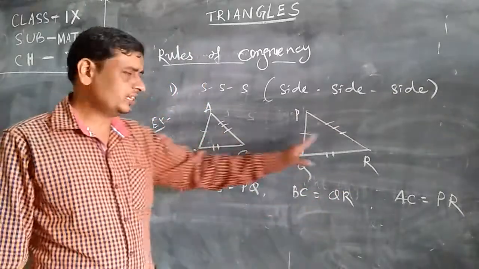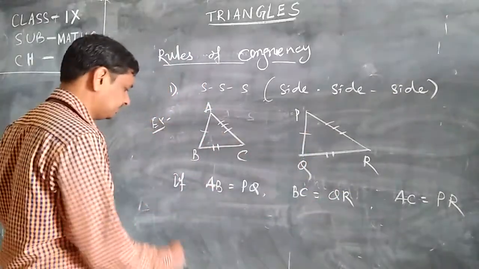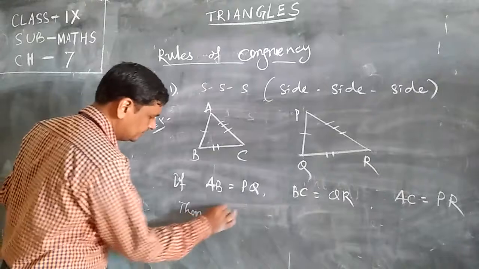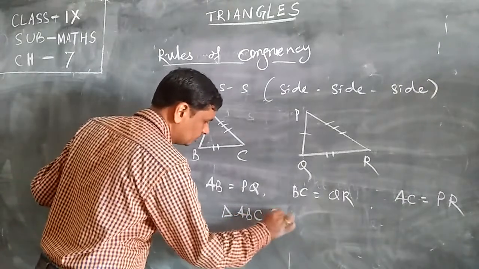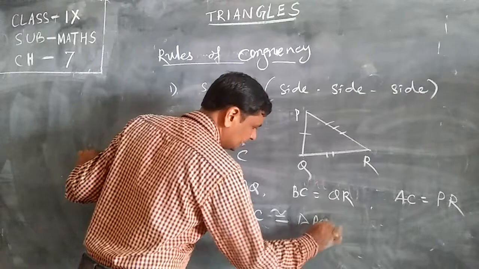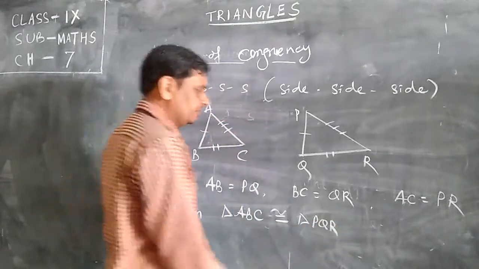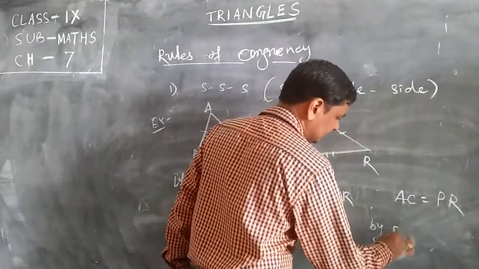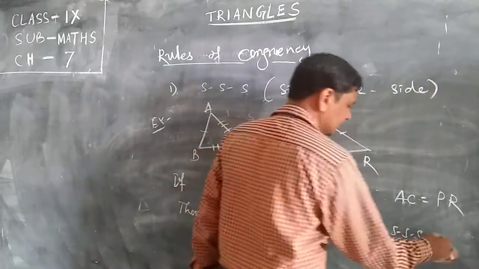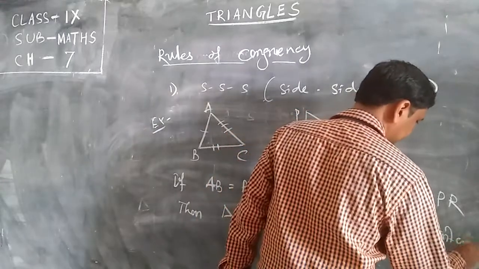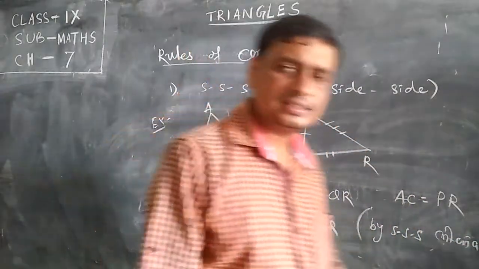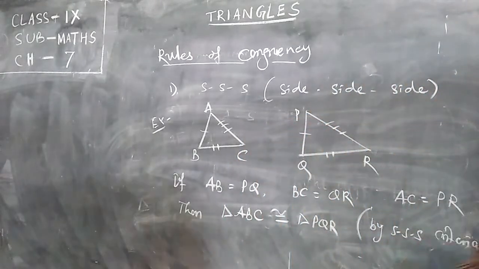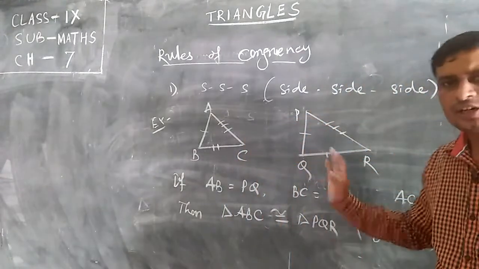Then we say both triangles are congruent. Triangle ABC is congruent with triangle PQR by SSS criteria. According to the side criteria, both triangles are congruent.